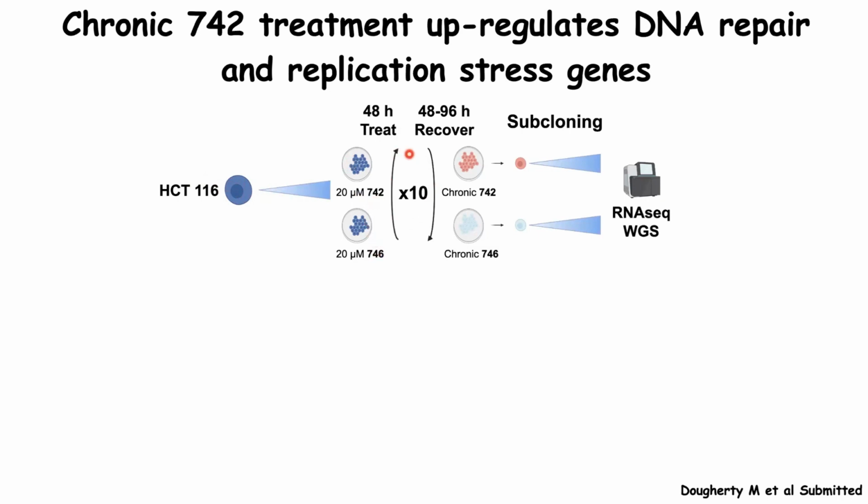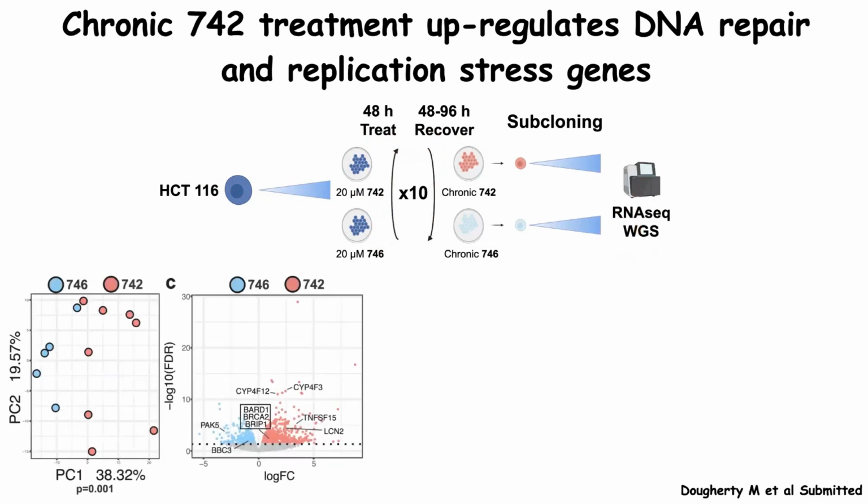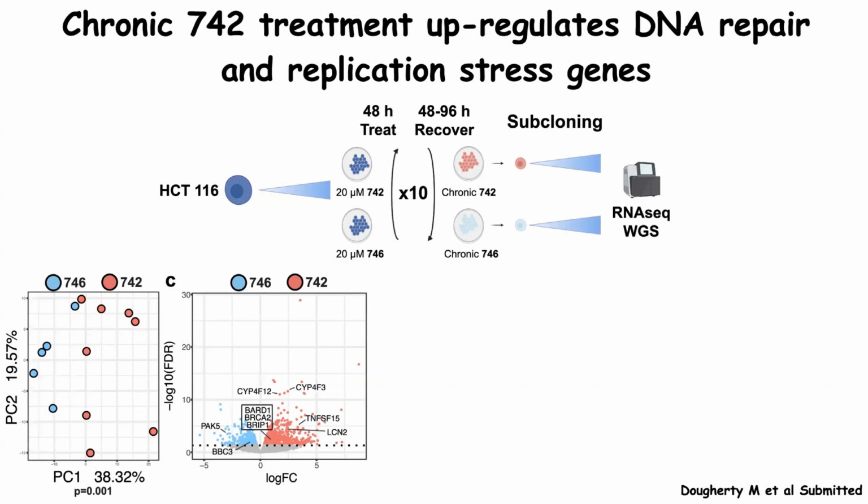We repeated this exposure 10 times with a 40 hours treatment and 40 hours recovery. Then we subcloned that to have single cell clones, and did RNA sequencing for gene expression or whole genome sequencing for mutational pattern. This is the DNA, this is the transcriptional profile.